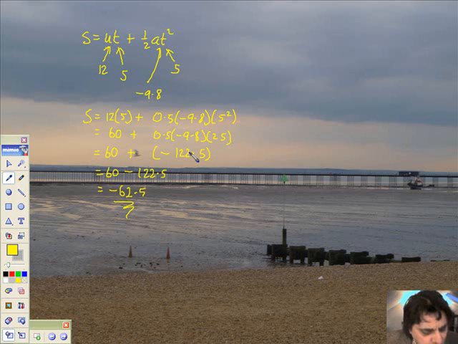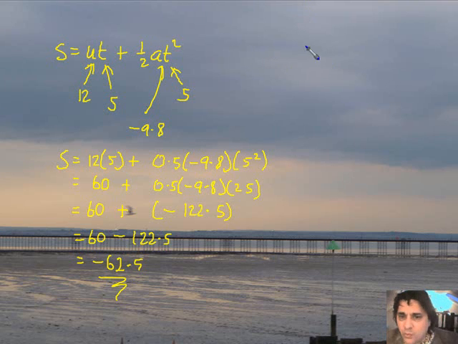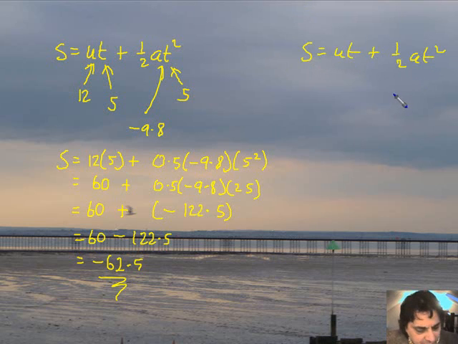Then it says find u when s equals 20. Well, that's awful. s equals ut plus half a t squared. Find u when s equals 20. Oh, lovely. I'll work backwards. And the time is 3 seconds. And the acceleration is minus 9.8.